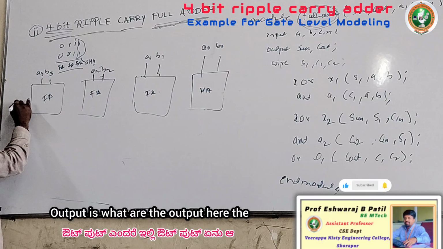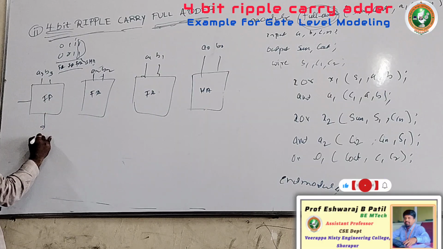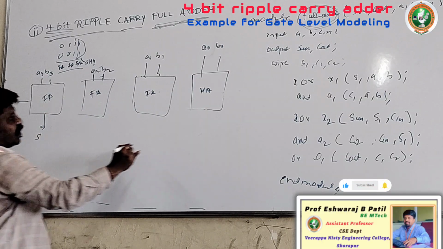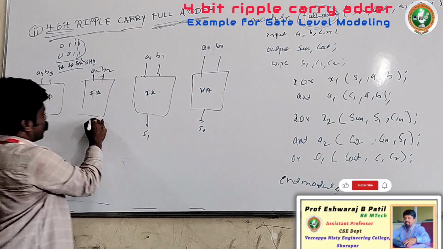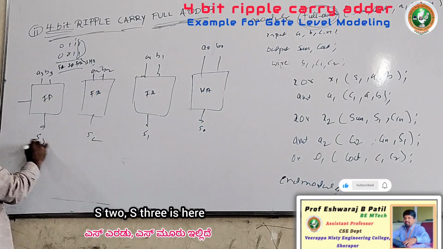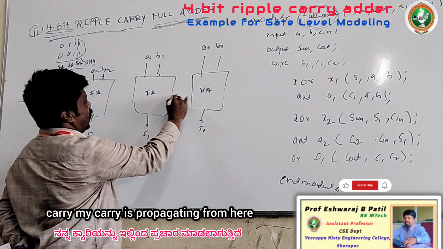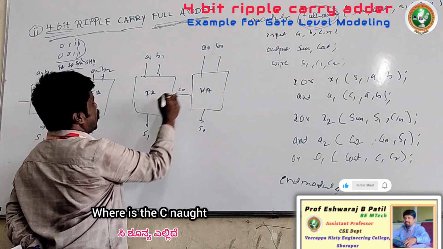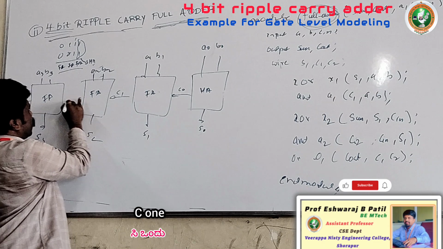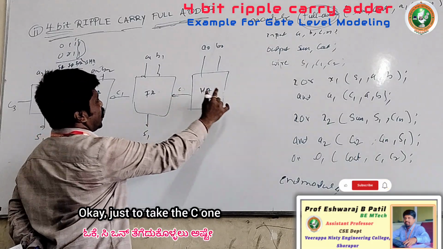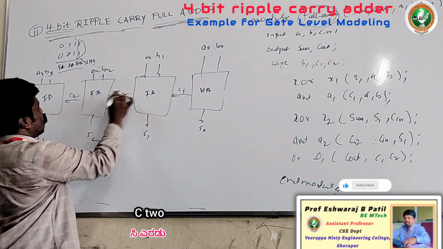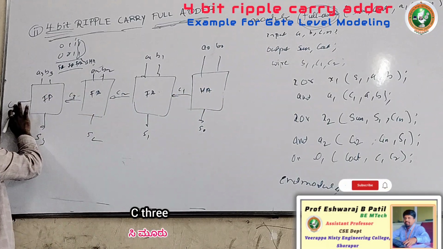What are the outputs here? The sum: S0, S1, S2, S3. My carry is propagating from here as C0, C1, C2, C3. Just take C1, C2, C3.